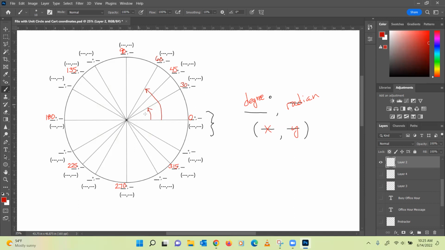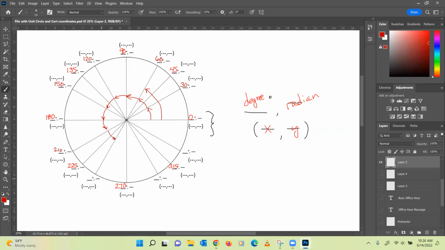Well, notice that 2 30s is a 60. Another 30 takes you to 90. Another 30 takes you to 120. Another 30 takes you to 150. Another 30 takes you to 180. Another 30 takes you to 210.